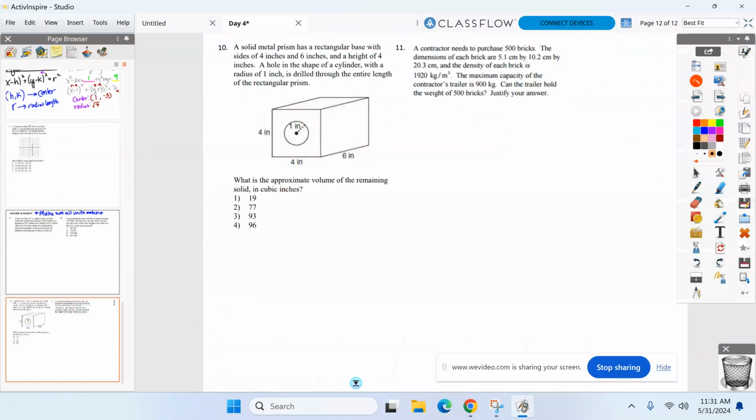Notice that the density is in meters cubed, but notice the bricks are in centimeters. Don't find the volume in centimeters cubed and try to convert it, because the conversion I give you does not work when the units are cubed. That's why I always preach change the darn units at the beginning. And while you're on number 11, 1 meter equals 100 centimeters. You'll need that conversion.